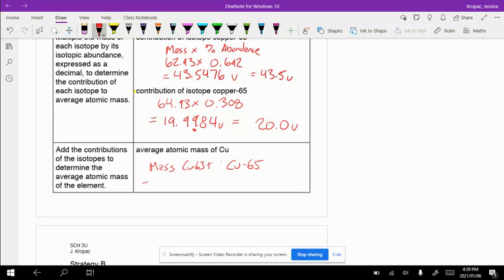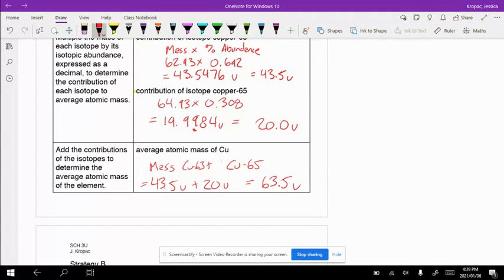So I'm going to take 43.5 U, and I'm going to add to it 20 U, and in total you're going to find that we get 63.5 U. So overall, our average atomic mass for copper was 63.5 U. We have to make sure we have that unit in there.